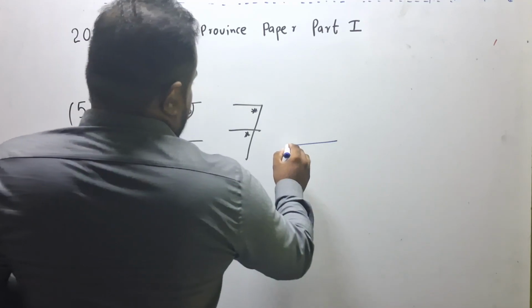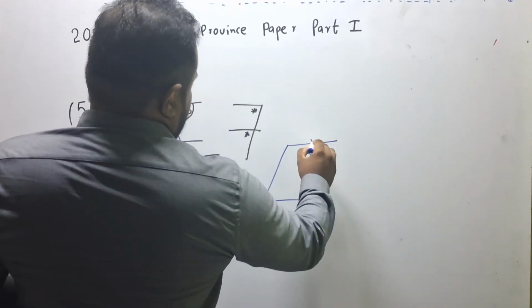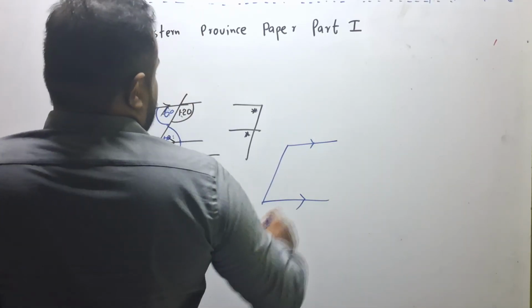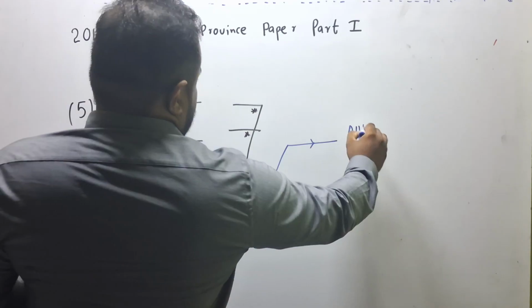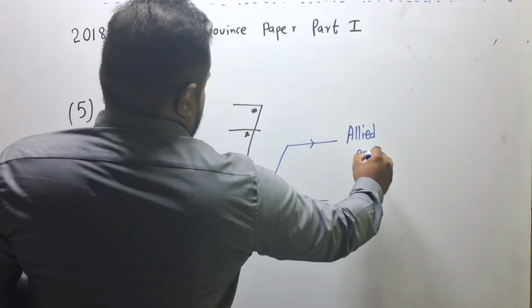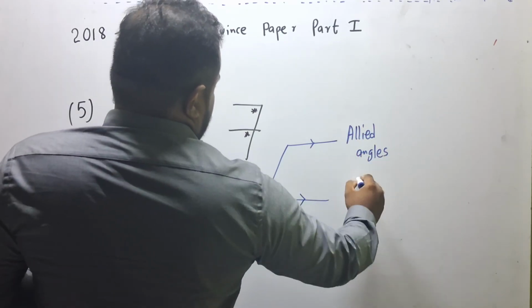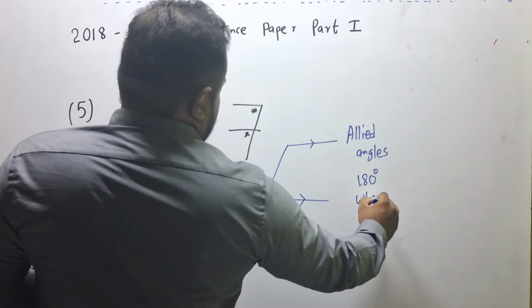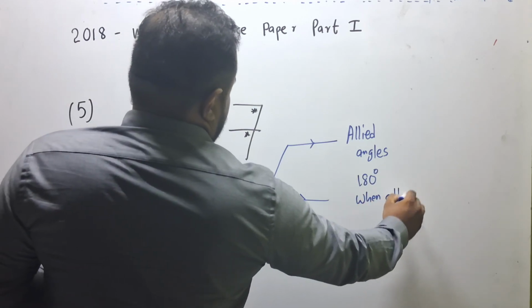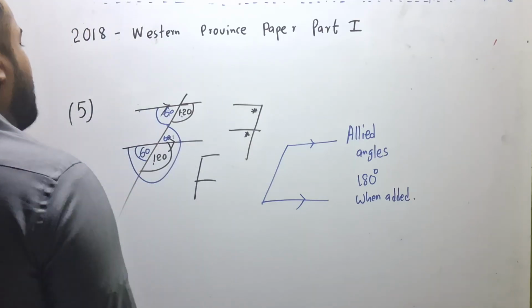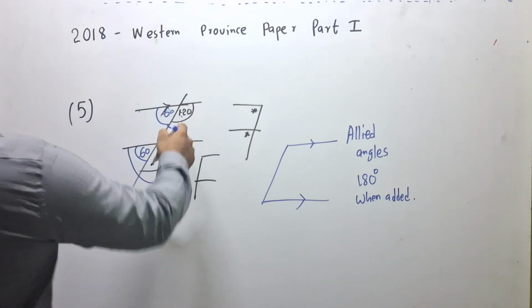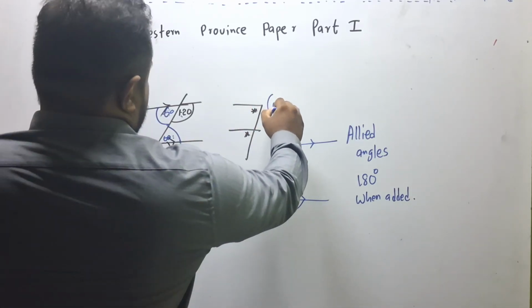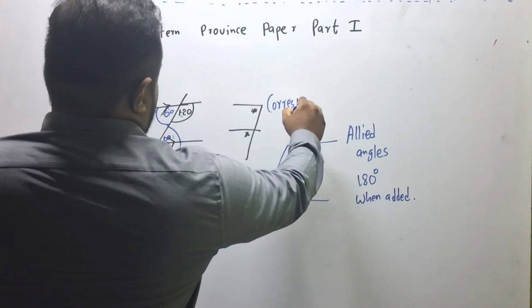So if there is a C shape with parallel symbols, they are known as allied angles, and they are 180 when added. I didn't write the name of this one. F shape is corresponding angles.